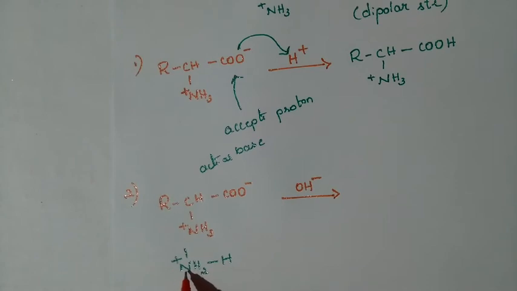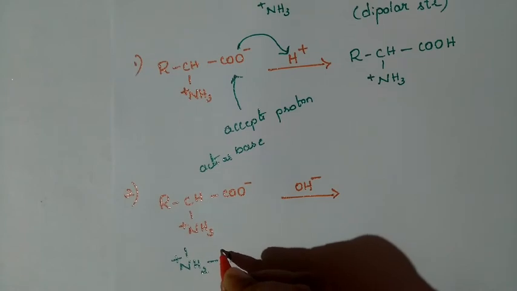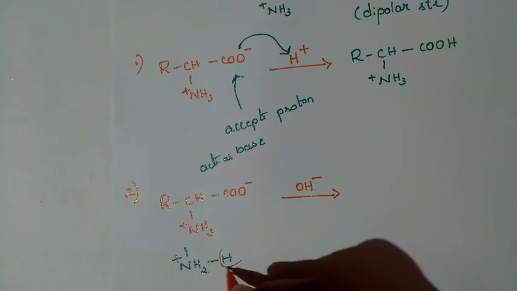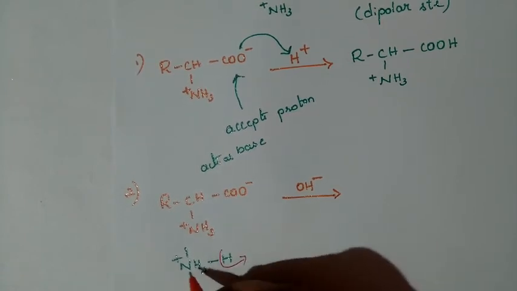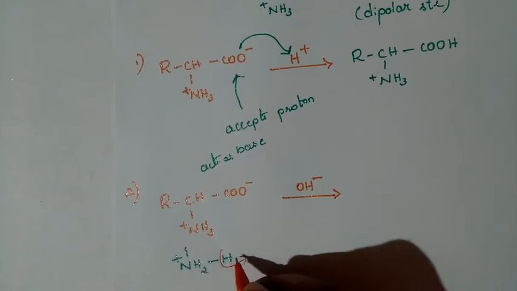Nitrogen is more electronegative in nature, because of which nitrogen will be pulling the shared pair towards this side. So hydrogen will leave; this bond will be a bit weaker due to the electronegativity difference between nitrogen and hydrogen.